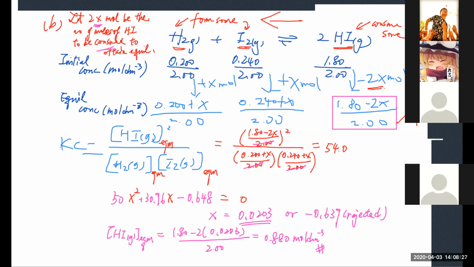How about question 27? Can you do it by yourself before we come at 9? Can you do it? Question 27? It's easy. No quadratic equation.